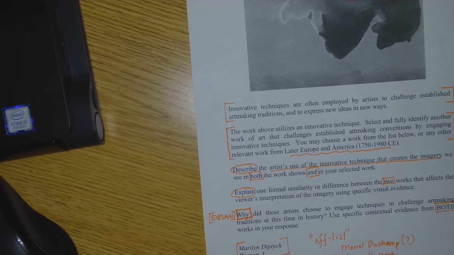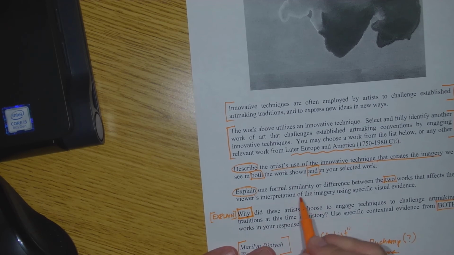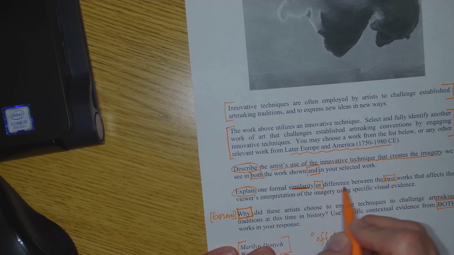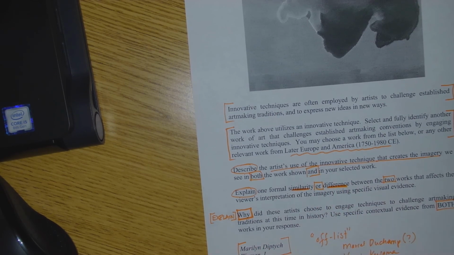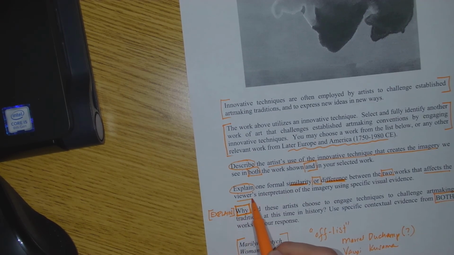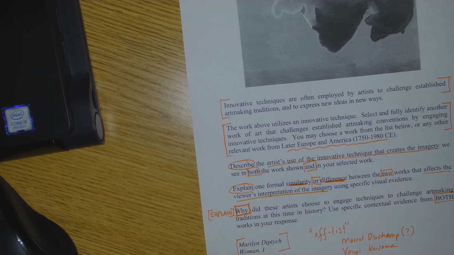Okay. One formal similarity or difference. I guess I can highlight that word "form," right? I get to choose whichever one I want between the two works that affects the viewer's interpretation. So when they see this, how is a viewer supposed to involve themselves with that imagery?